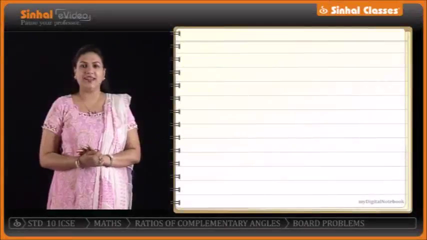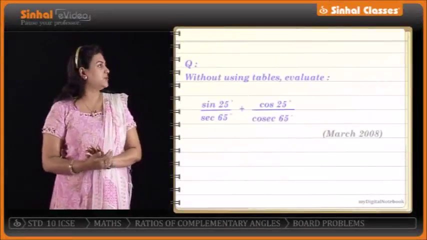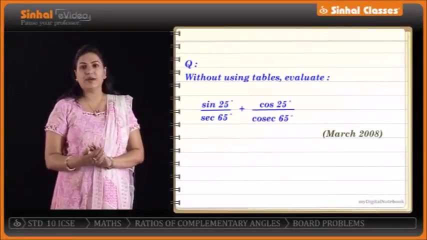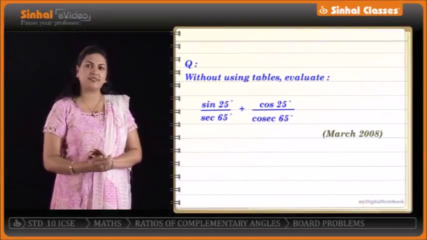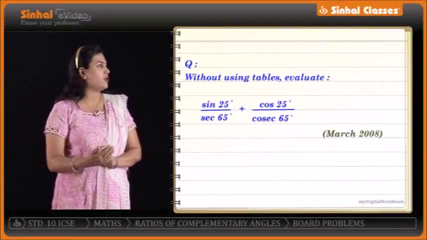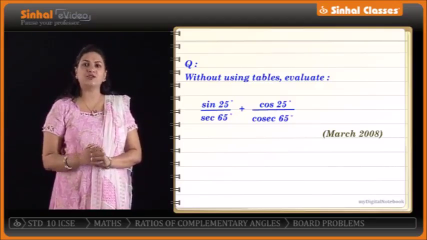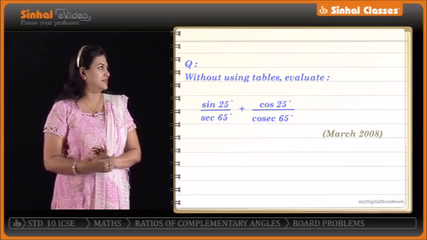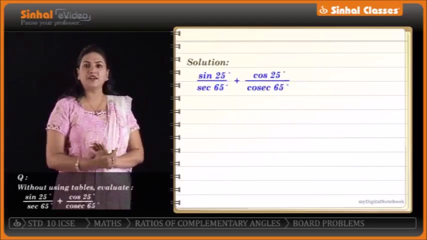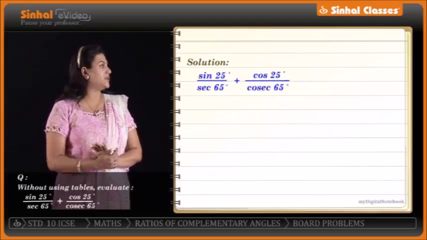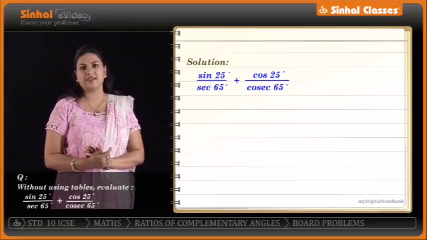Now let's look at the next sum. Now here we want to evaluate sine 25 upon sec 65 plus cos 25 upon cosec 65. It's told without using tables. Now in the first term we have sine 25 and sec 65.